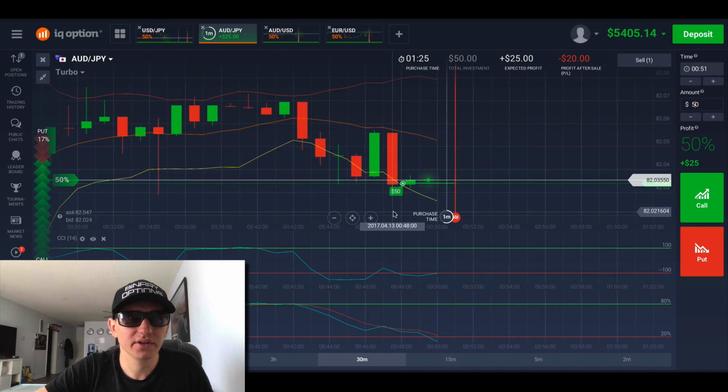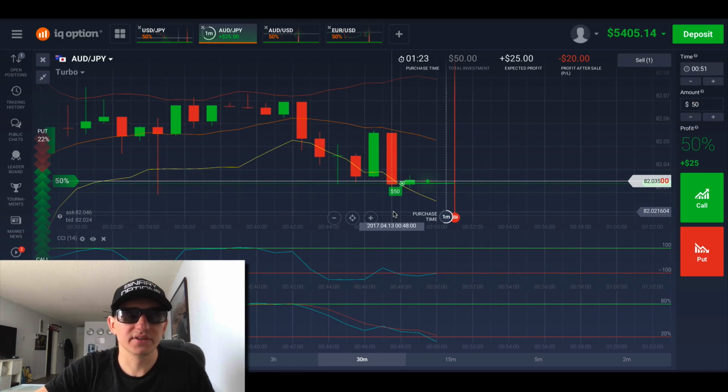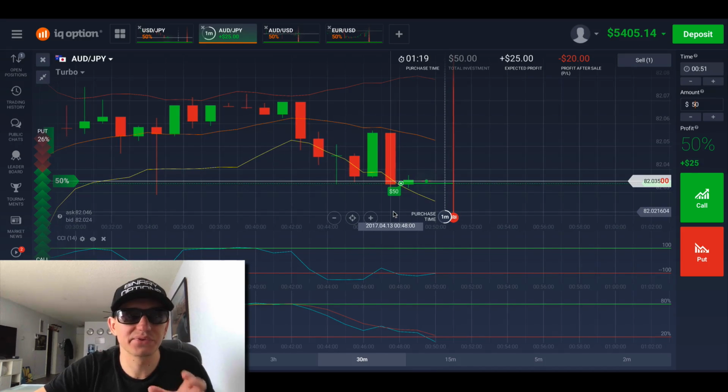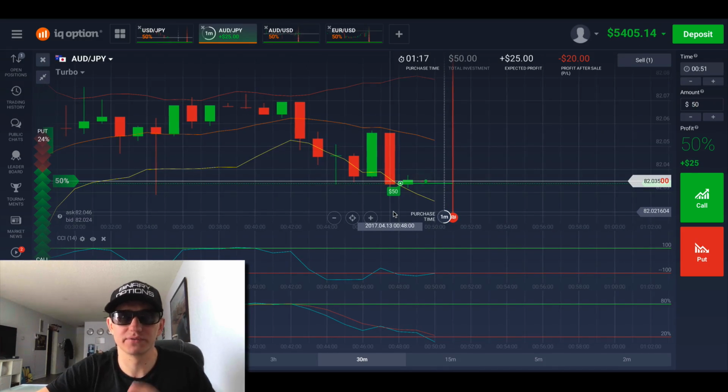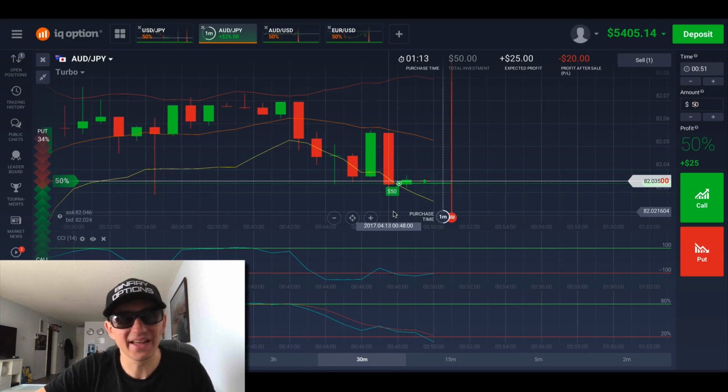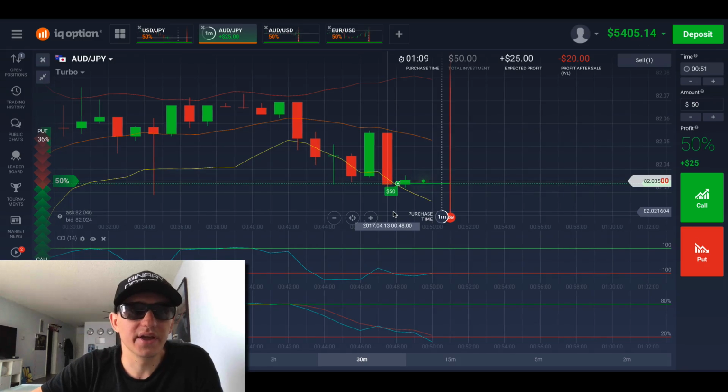The D line creates the second line, which is also plotted on the diagram, and it is a 3-period moving average of the K line. So it is slower to react, and in all cases it's gonna follow the K line.